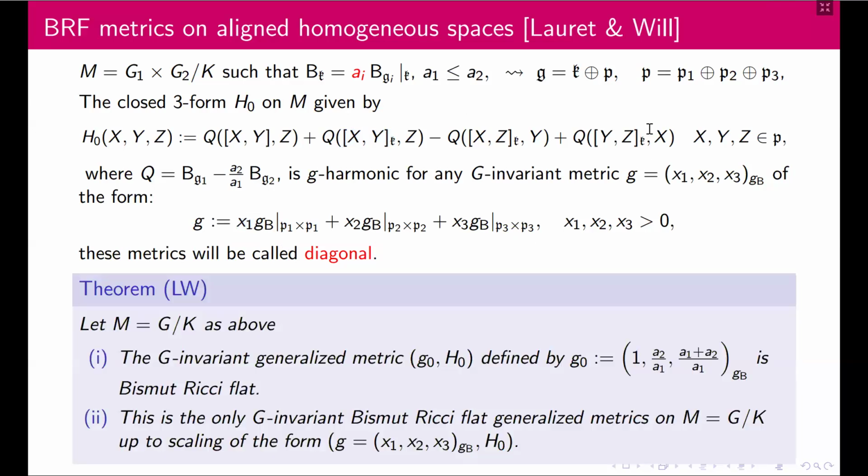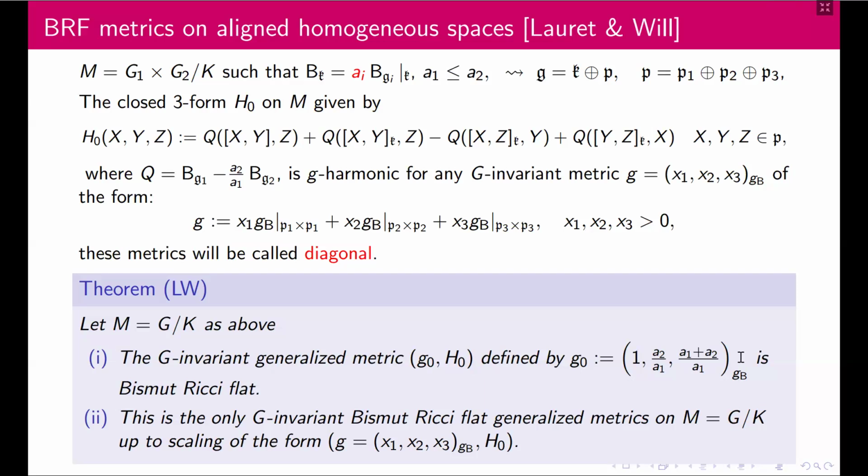Lauret and Will prove this theorem. They found a bismuth-Ricci flat metric on any of these spaces given by H0 and G0, which is here. Furthermore, this is the only J-invariant bismuth-Ricci flat generalized metric on M of this form, if we have a diagonal metric and the closed three-form H0.